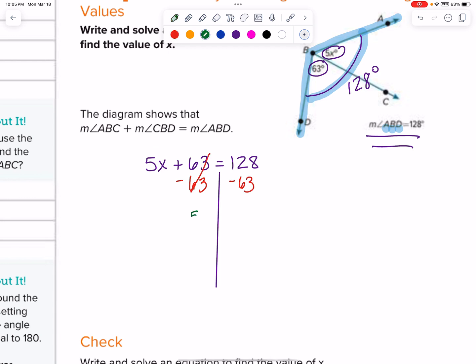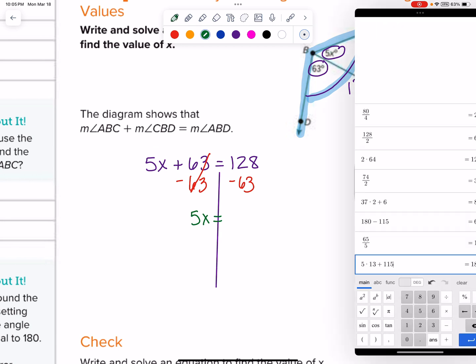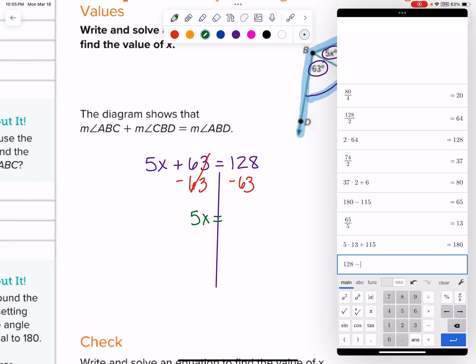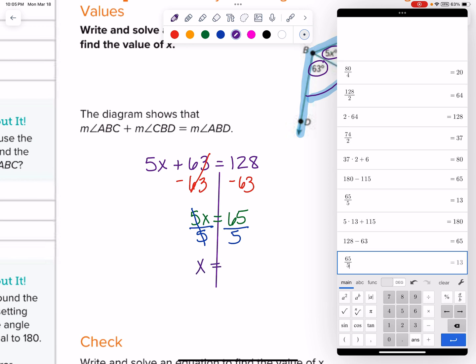We're left with 5x equals whatever 128 minus 63 is, which is 65. And then let's go ahead and divide both sides by 5 to separate the x from the coefficient there. And let's go ahead and get our solution. 65 divided by 5 is, again, 13.